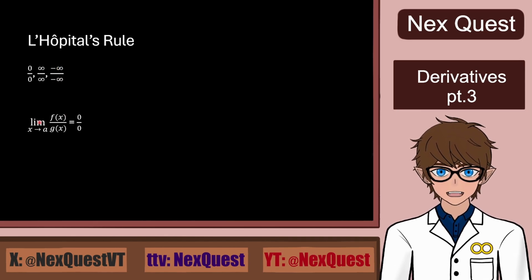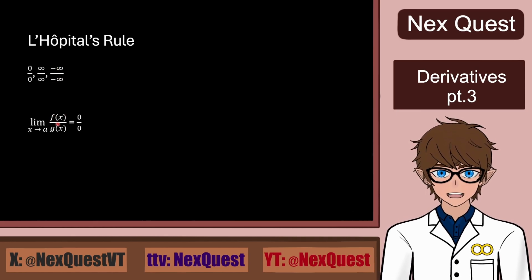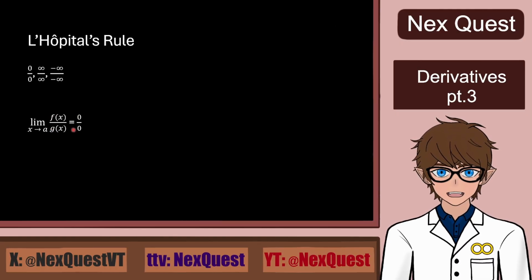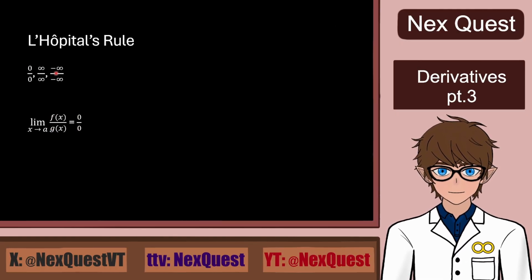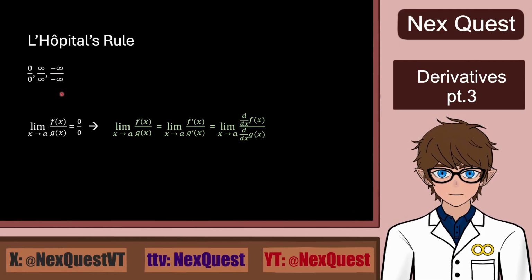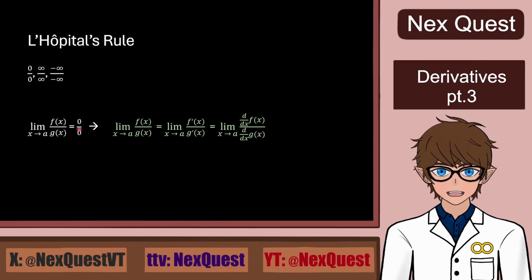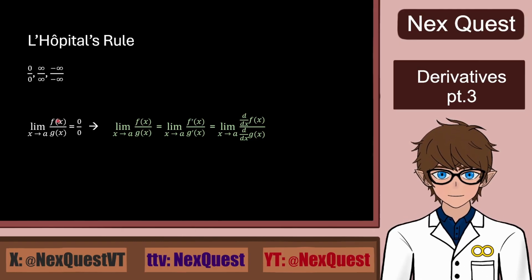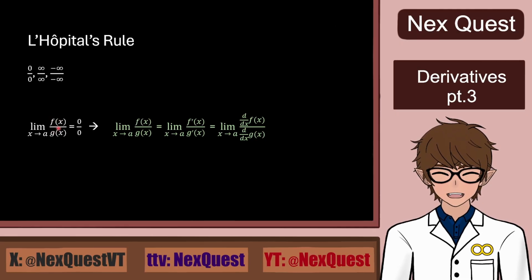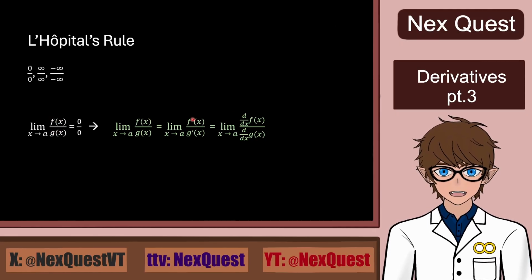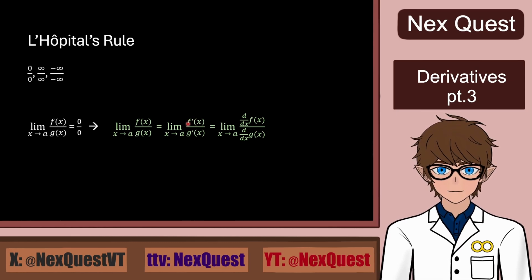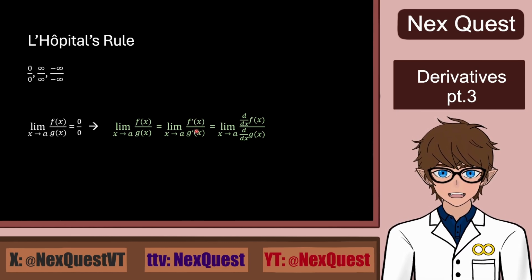So if our limit of f of x divided by g of x would give us 0 divided by 0 or any of the 3 here, then we can use L'Hôpital's rule, which states the following. If we have this indeterminate form, the limit when x approaches a of f of x divided by g of x will be equal to the limit where x approaches a of the derivative of f of x divided by the derivative of g of x.